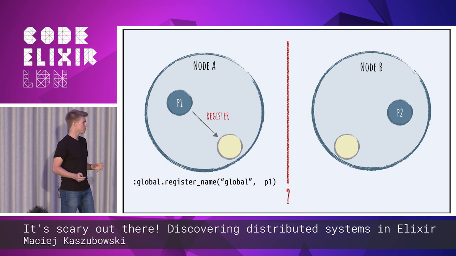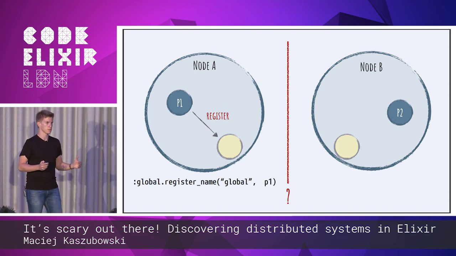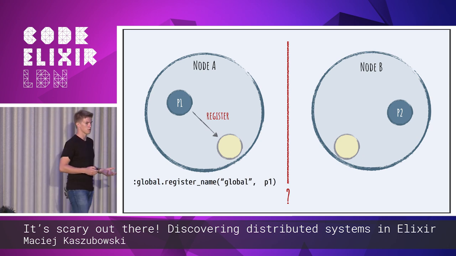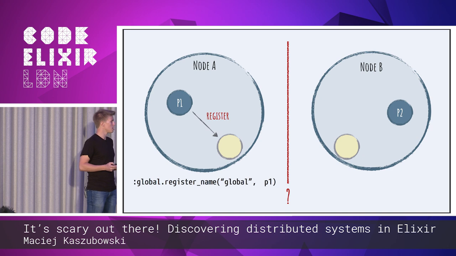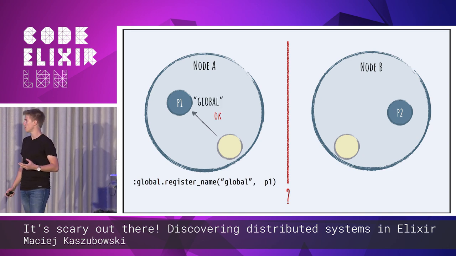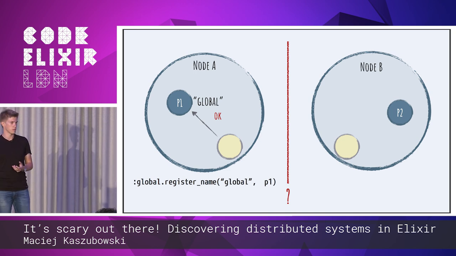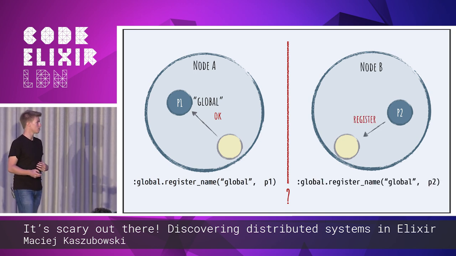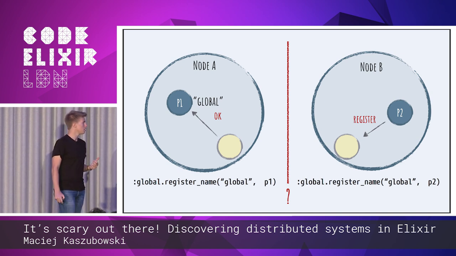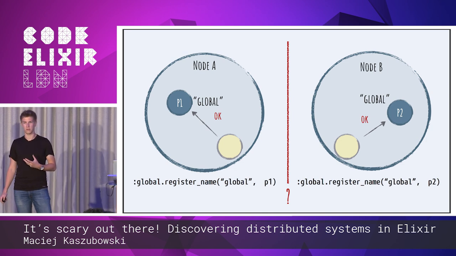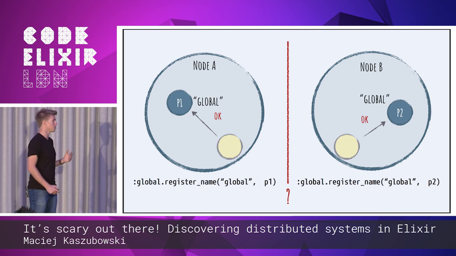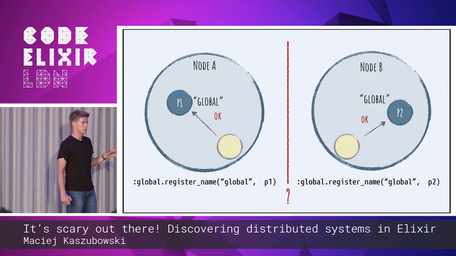But since there is a network partition, node A knows about no other node. So it assumes that it is alone and it is okay to register the process. But at the same time, the same thing can happen on node B. So on node B, P2 can also try to register itself as global. And now we have a situation where multiple processes are running under the same name as one single resource.